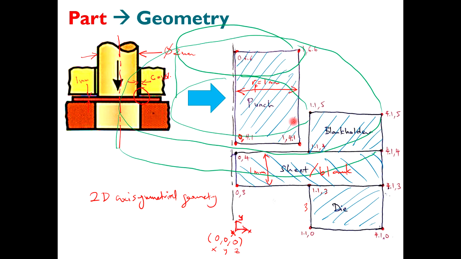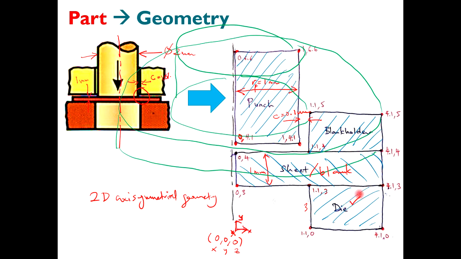Including the clearance here, 0.1 mm, this gives us 4.1 and 4, and here is 4.13. Then we can draw this die here, 1.10, and this point here is 1.13, and here 4.10. Since we have 4 nodes, it's okay, and for the sheet, set.